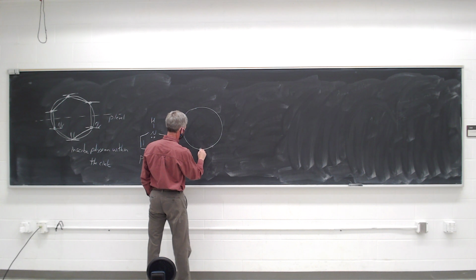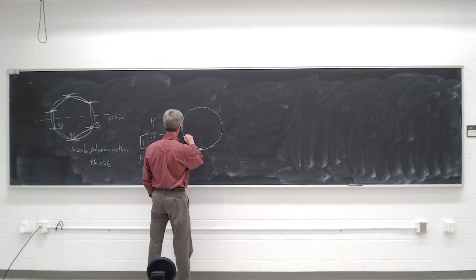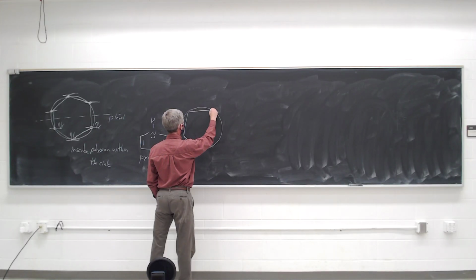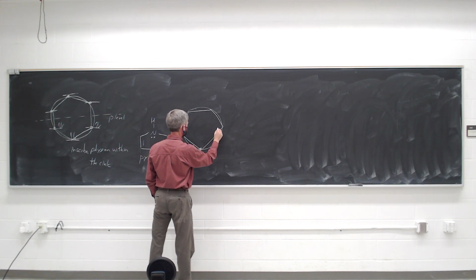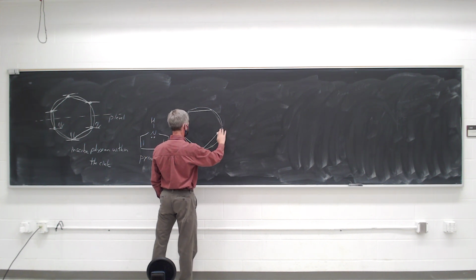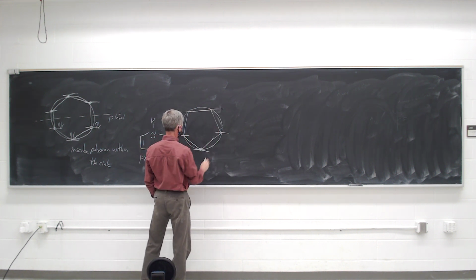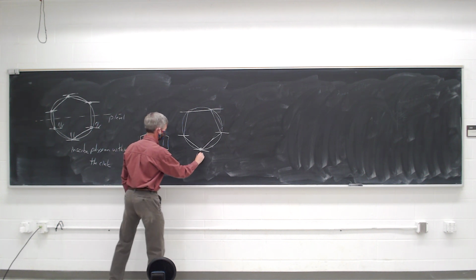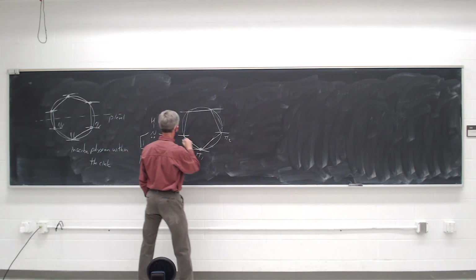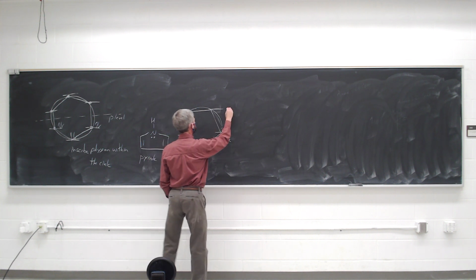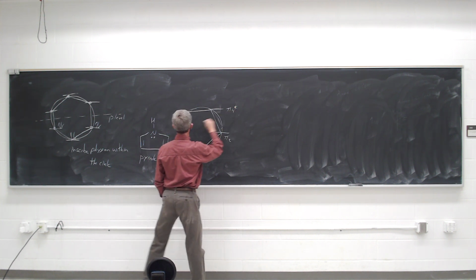So if we do a pentagon in the ring, you draw a decent pentagon. We're going to predict it's going to look like this. Pi 1, pi 2, pi 3 are degenerate, pi 4 star, pi 5 star.